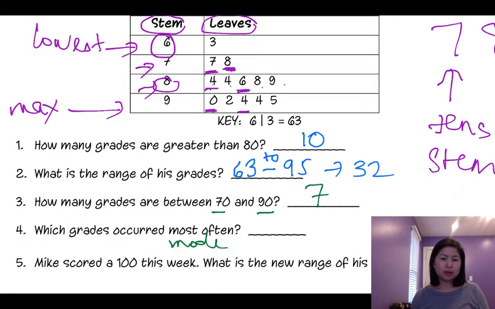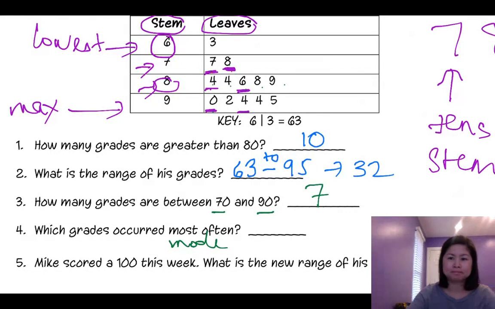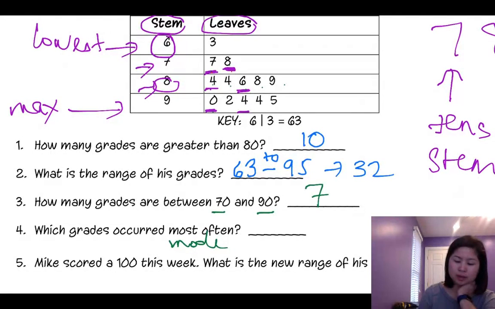Okay, which grade occurs most often? Okay, so we have Saba said it's 84, 94. Do we have something else, or do we agree? Good, right? So 84, because over here I have two 84s.